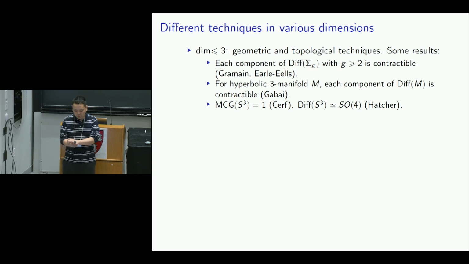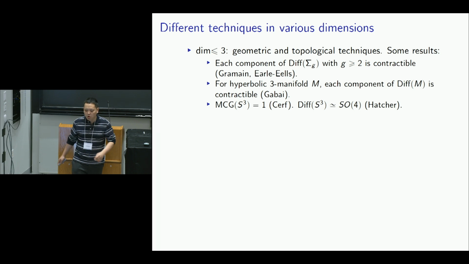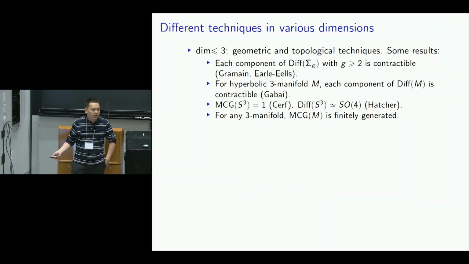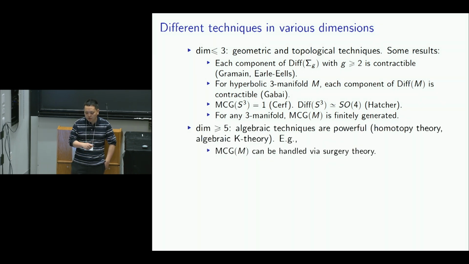So this is the so-called Smale conjecture in dimension 3, which I will talk more about later in the talk. And also we know that for any 3-manifold, this mapping class group is finitely generated. So we do have some good understanding of this diffeomorphism group and mapping class group in lower dimensions.